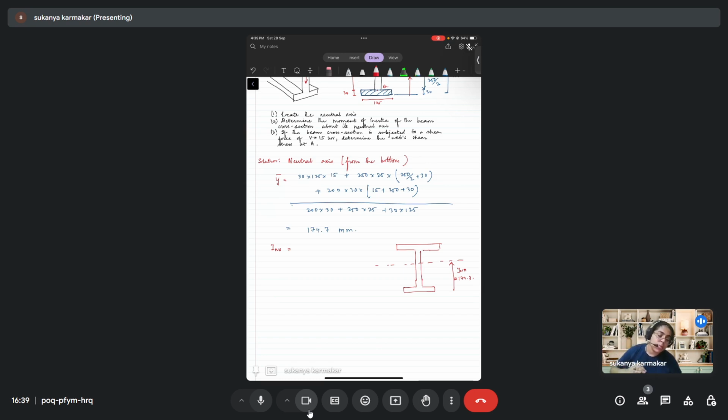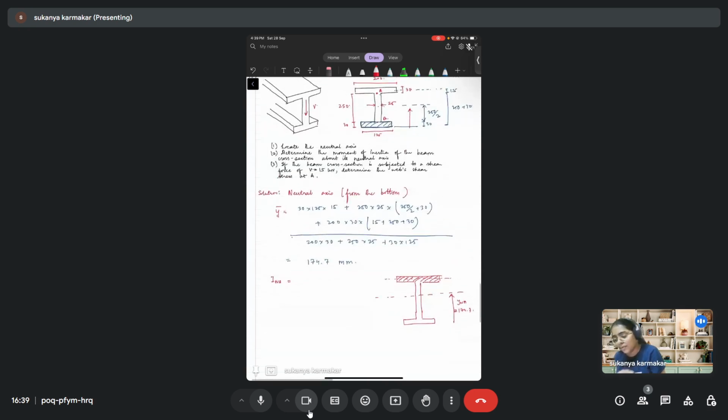And there I'll use the parallel axis theorem, which is you will have an additional value of A into distance square. So first, let's consider this flange. So about the centroidal axis of this shaded area, the moment of inertia will be bh cubed by 12.